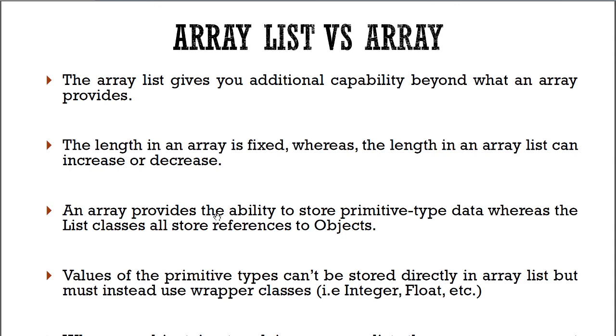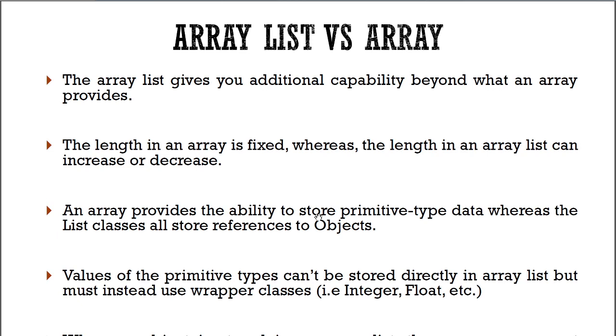An array provides you the ability to store primitive data. You remember primitive data: integer, character, float, double, boolean. So array is used to store that kind of primitive data types, while array list is used only to store references to objects. It can only store objects.